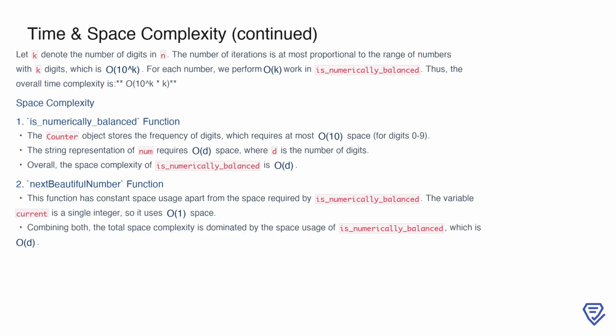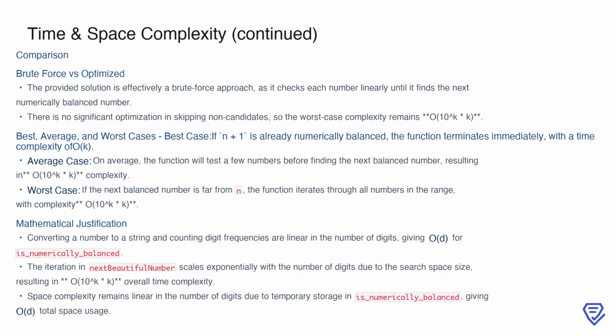For next beautiful number, the space usage is minimal beyond the is_numerically_balanced function. The variable current is a single integer, so it uses 1 space. Combining both components, the overall space complexity is dominated by is_numerically_balanced, resulting in O(d).